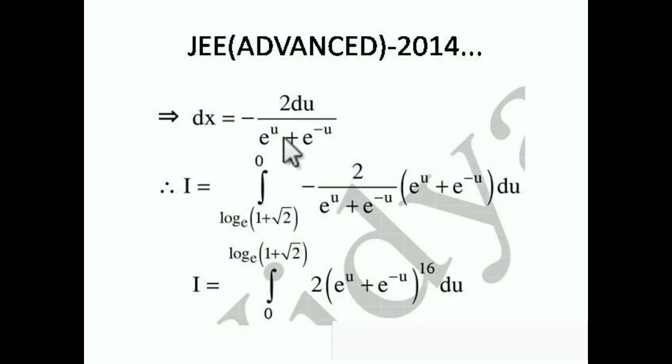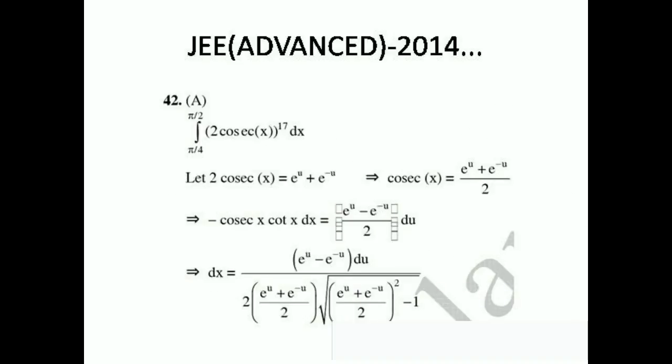dx is equal to minus 2 du upon e raised to u plus e raised to minus u. How does this come? See, this goes here, this goes here. So it becomes e raised to u plus e raised to minus u whole square minus 2. So that becomes e raised to u minus e raised to minus u whole square, because the middle term got exchanged. So this term and this term get cancelled out, and only 2 is left.